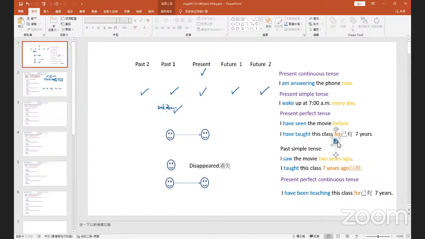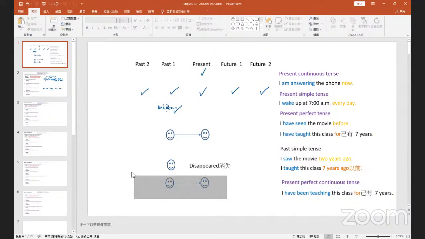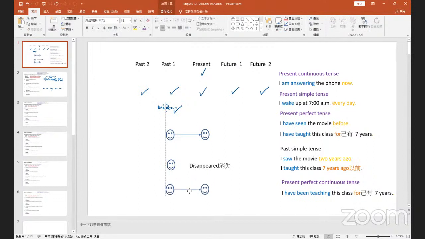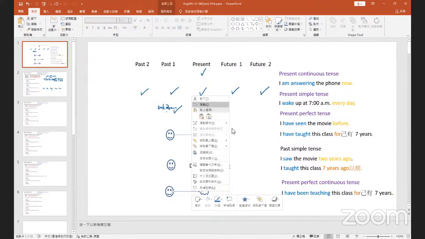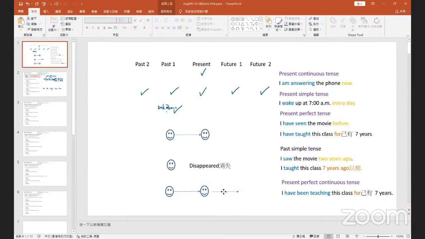Both are correct in grammar. If you just look at the grammar, I have taught this class for 7 years, or maybe you use present perfect continuous tense, I have been teaching this class for 7 years. Grammatically both are correct, but they have different meanings.